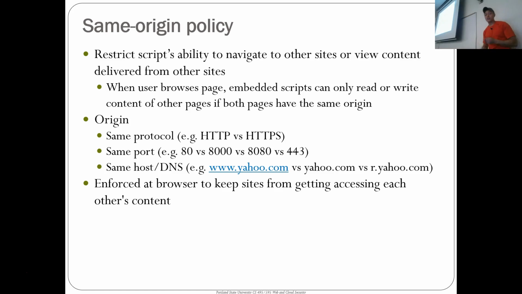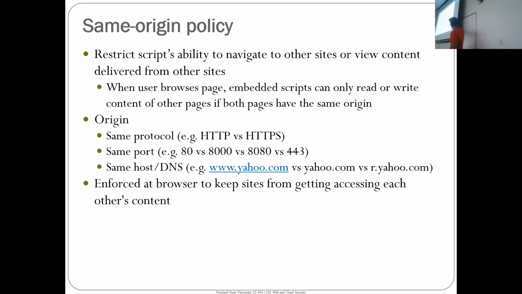The origin in the same origin policy is defined based on the protocol. So these are two different protocols, so they wouldn't be the same origin. Different ports. So the protocol, port, and host are how the same origin is defined. All three have to match in order for you to be considered accessing something from the same origin.